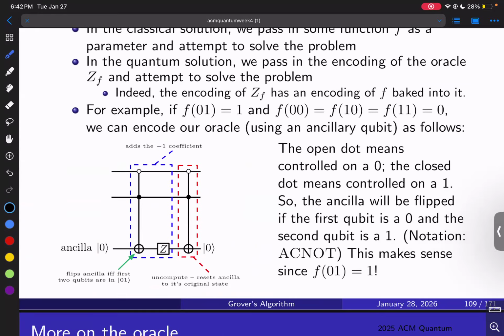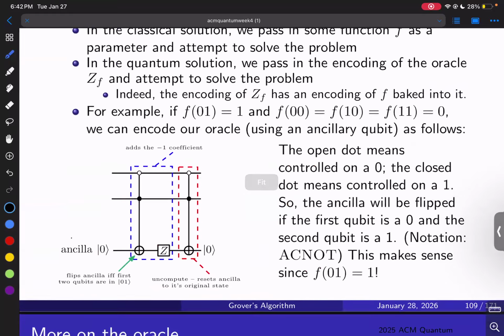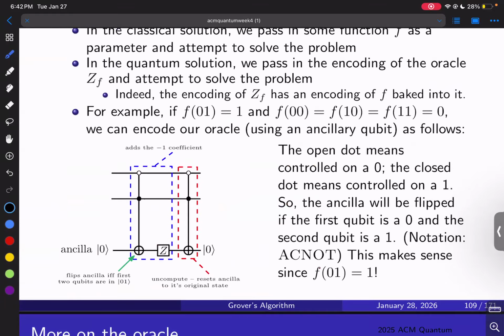In this case, if we start with a helper qubit in the 0 state, and the two input qubits are in 0 and 1, then it'll flip the ancilla qubit to a 1, and then it'll apply a Z gate, and we know a Z gate will apply a -1 to that. Then we apply the same gate again because we want to uncompute the helper qubit back to the 0 state.